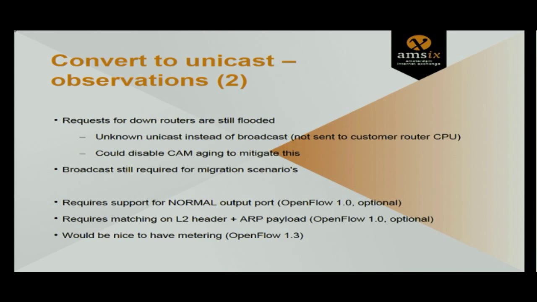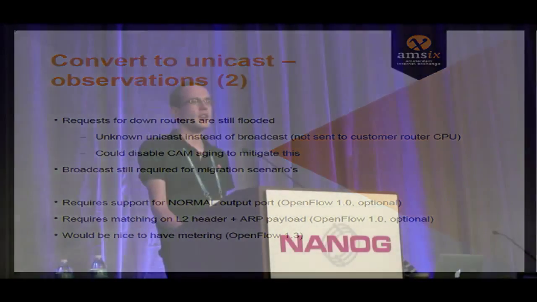We would still need to use broadcast sometimes in case of migration scenarios when we don't know which customer router an IP address is tied to. We can remove the MAC flow entry for this particular router and then have that ARP request forwarded as normal broadcast. But since we don't have a lot of migrations going on at the same time, this will be very limited.